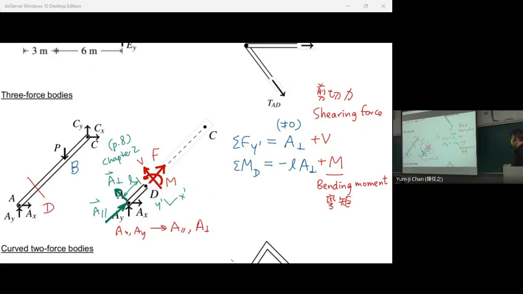So we need to add two additional forces if it is not a two force body.